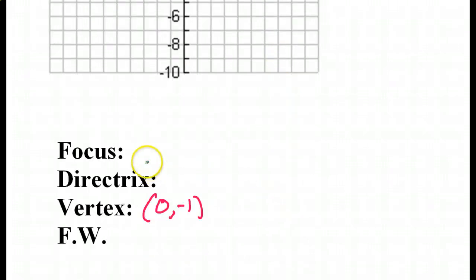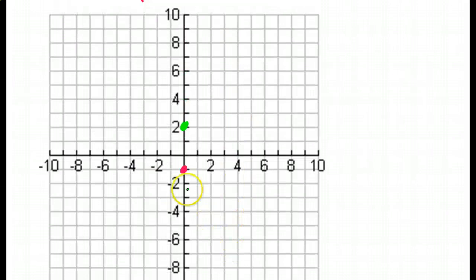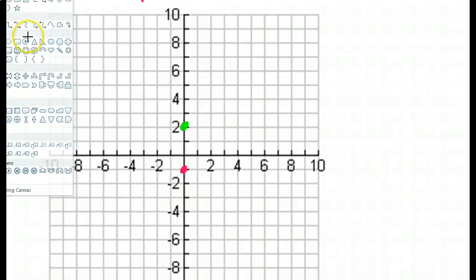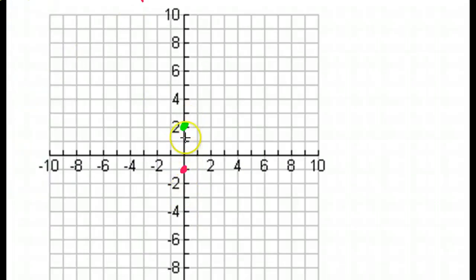Now the directrix will be in the opposite direction. All right, so instead of up 3, my directrix will be down 3. So my directrix is here.